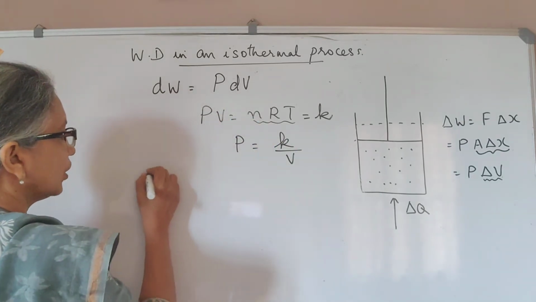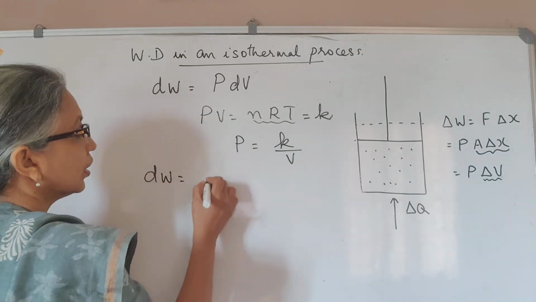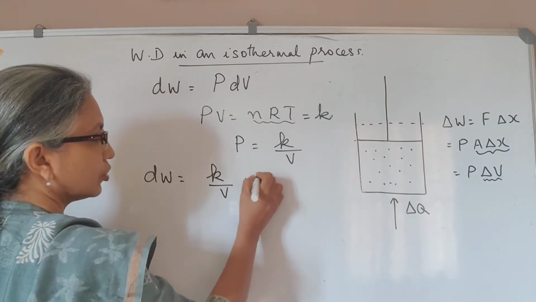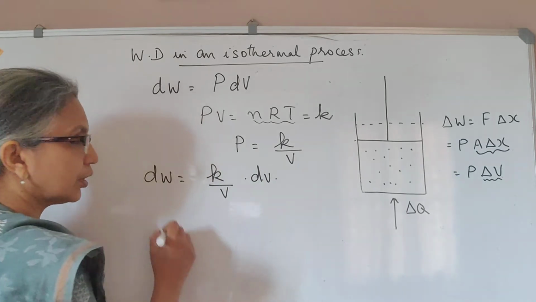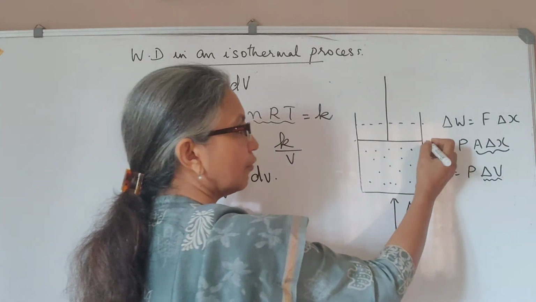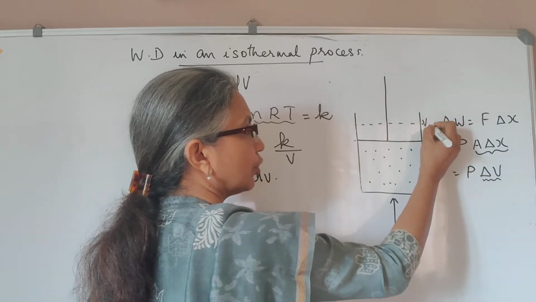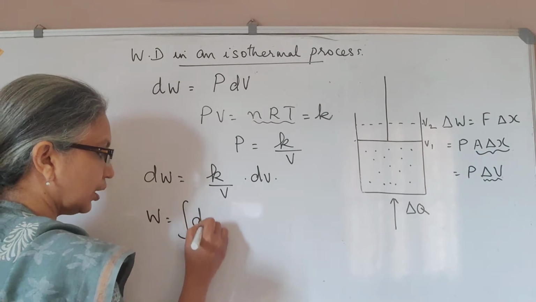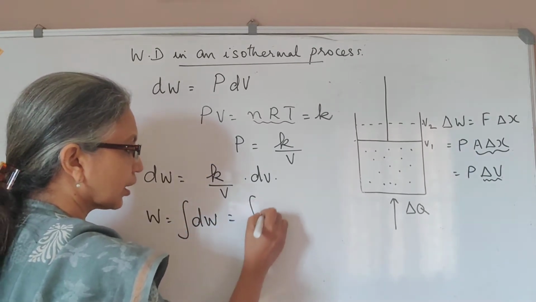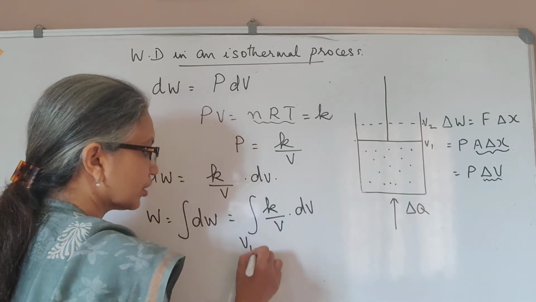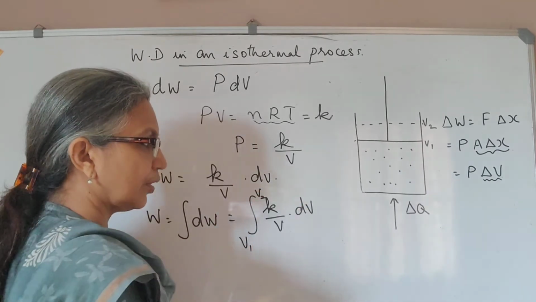Okay, so I am going back to dW, the work done, as P, which I may write as K by V into dV. Now to find out the total work done, if the gas is expanding from, let's say, a volume V1 to a final volume V2, the total work done will be integrating dW, which is integrating K by V into dV from initial volume V1 to final volume V2.